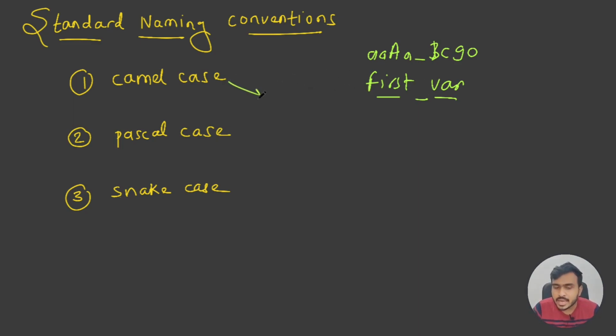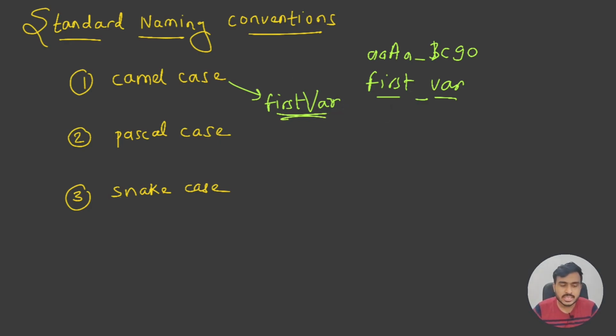In camel case, you have to start your first word in all small characters, and then whenever you start a new word, the new word's first character needs to be capital. In this case my next word is var, so this V, which is the first character of var, needs to be capital. In this way you will write a variable name in camel case.